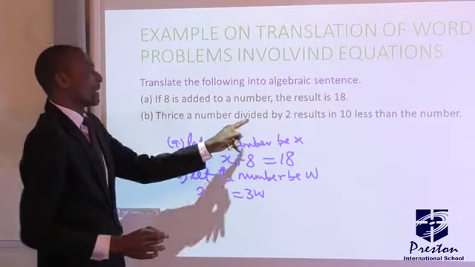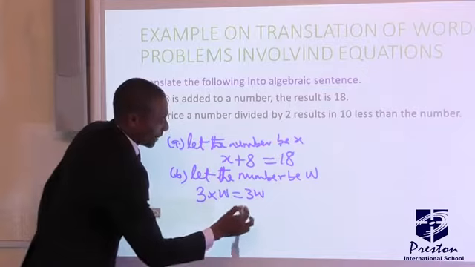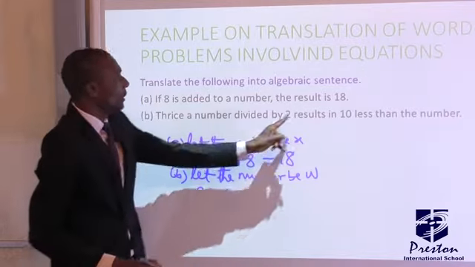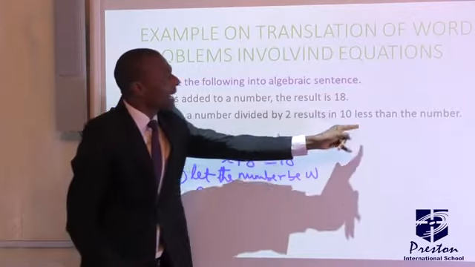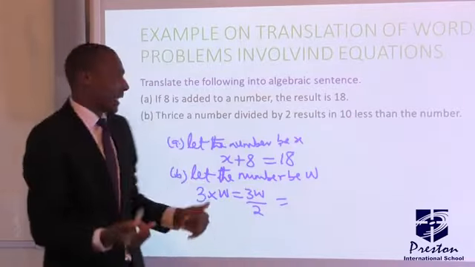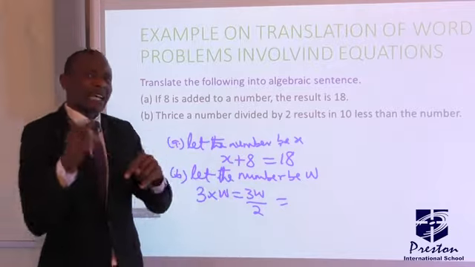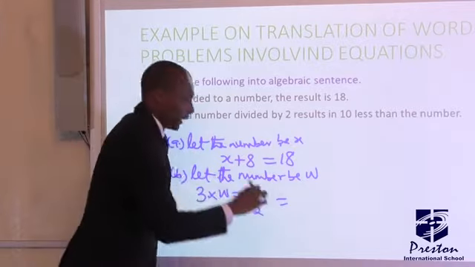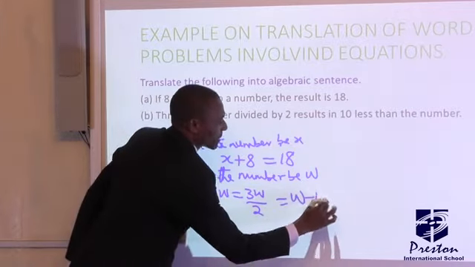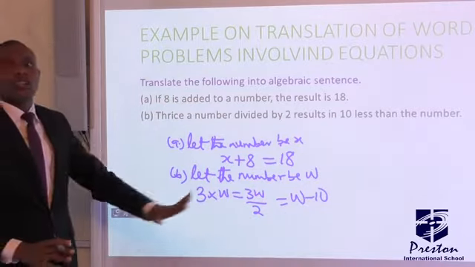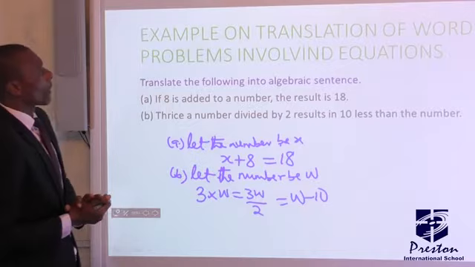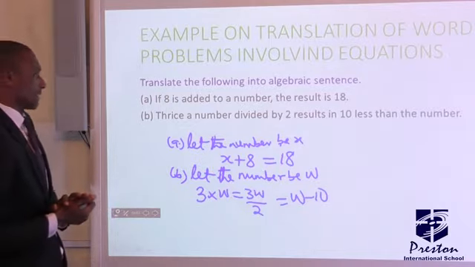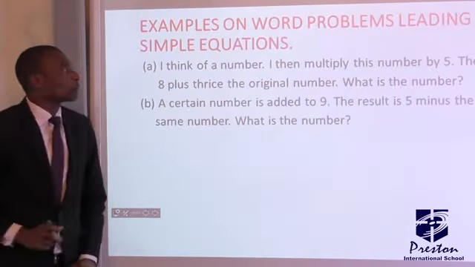Thrice a number divided by 2, that is 3W divided by 2. Results in means equals to 10 less than the number. Don't forget we said let the number be W, so 10 less than W means W minus 10. I've succeeded in translating this word problem into algebraic sentences.